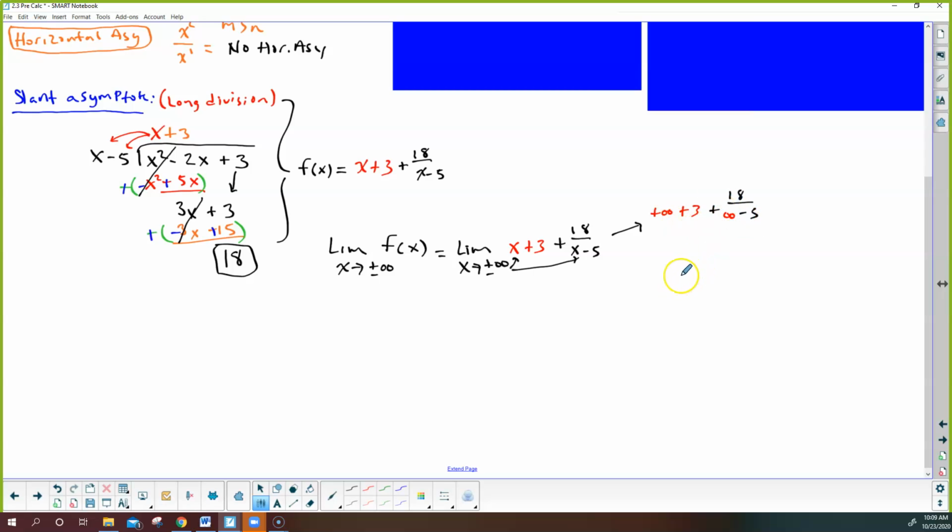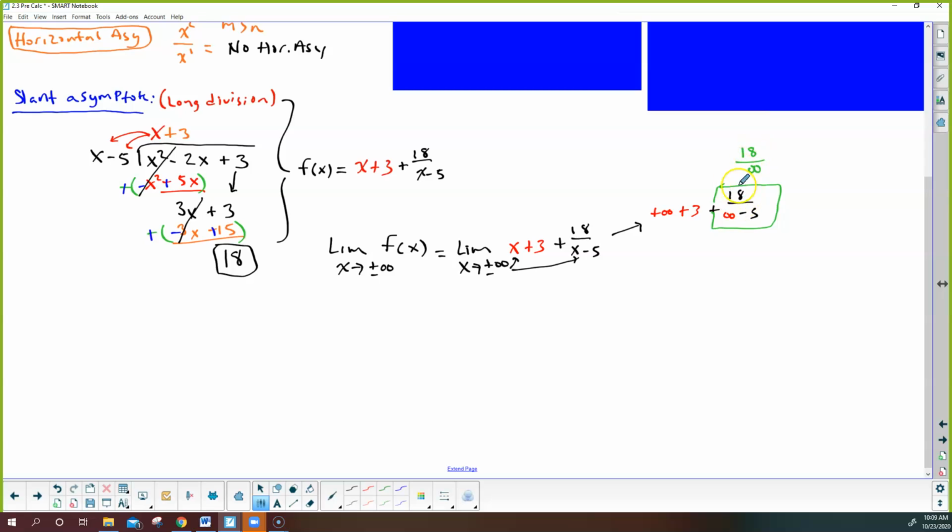Now that's kind of weird, right? That's actually not easy for us to just simplify. But what I want to think about is the understanding. What's going to happen right here? Well, this part is going to turn into 18 over infinity minus 5, which is still infinity.